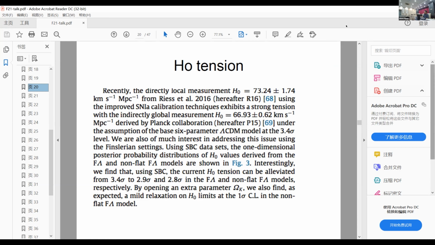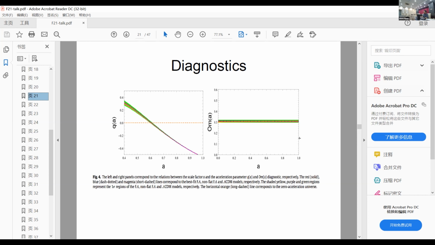This is what I mentioned in the introduction. Besides the data fitting, you can also use the acceleration and omega parameter to cross-check. This region is within 2 sigma with the lambda CDM, which means it's a compatible model. Also with the omega parameter.